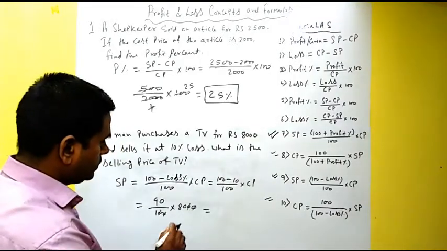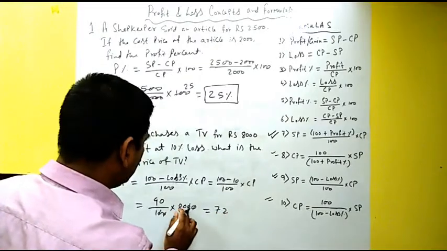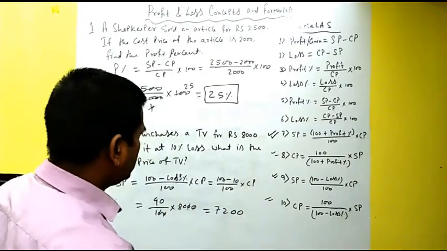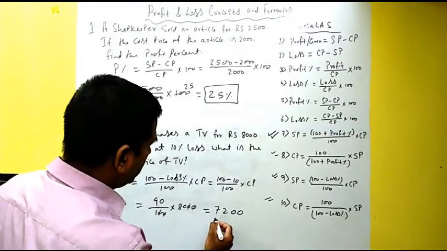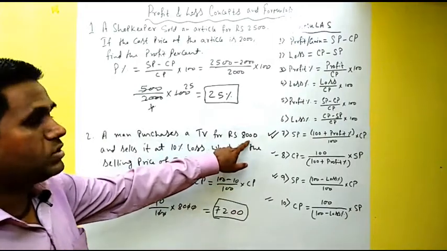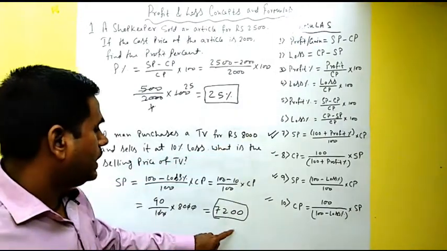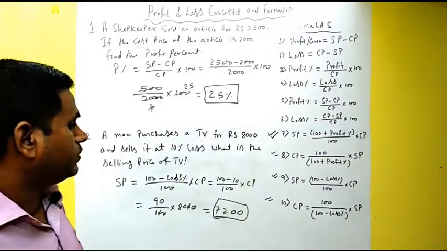So the zeros cancel. 80 into 90, 8 nines are 72, and 2 zeros we can give. So you can see here the selling price is 7200. It is less than the cost price, which is 8000. That's why the man has incurred a loss of 10%.